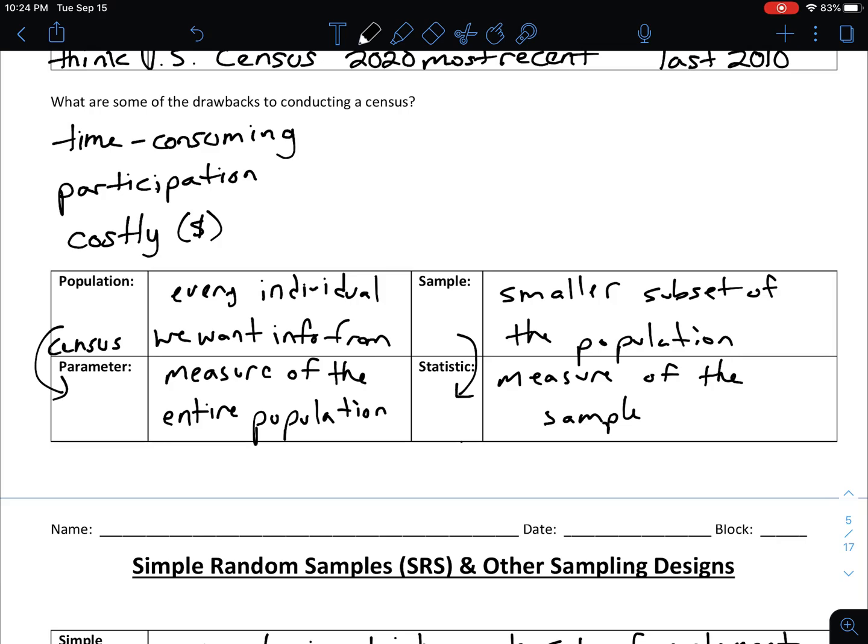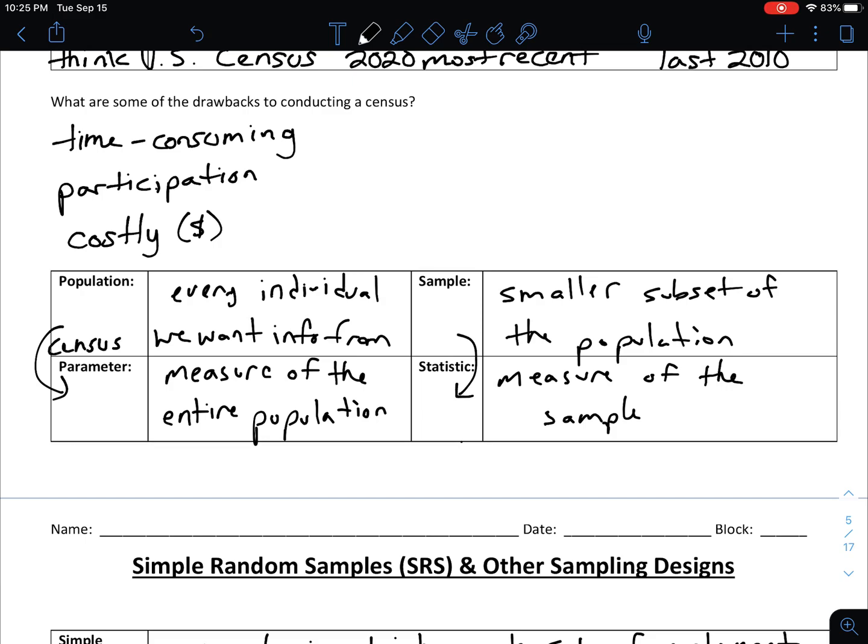So maybe instead of measuring the average age of everyone in the entire United States, we were just going to do the average age of everyone in Johnson County. So a much smaller subset of the entire United States as a whole. And we got that average to be 43.8 years old. So a little bit different from the overall population, which isn't surprising, but also very, very close. If you think about it, those numbers would be very close to each other. That would be an example of a statistic.